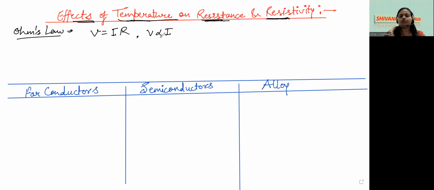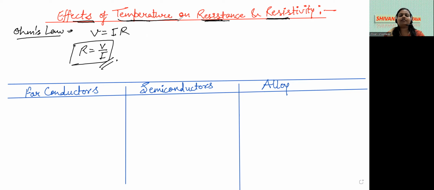And when we remove the proportionality sign, we get a constant, that is R. So R is constant over here, and from V is equal to IR, we can say R is equal to V upon I also. So resistance is the ratio of voltage and current.